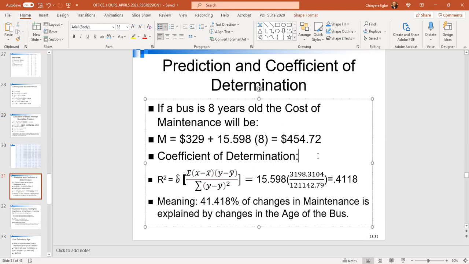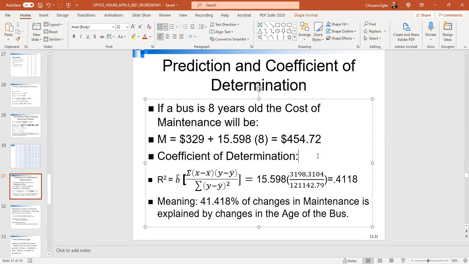Now that we have estimated the nature of the relationship, is it a positive one? Is it a negative one? What is the size of that relationship? Now, the next thing we ask ourselves: what are the other factors that could affect maintenance, which is to say, to what extent does the age of the bus explain the cost of maintenance?